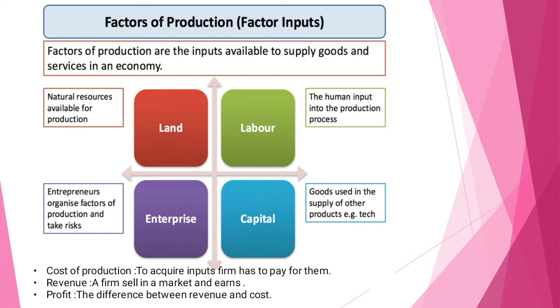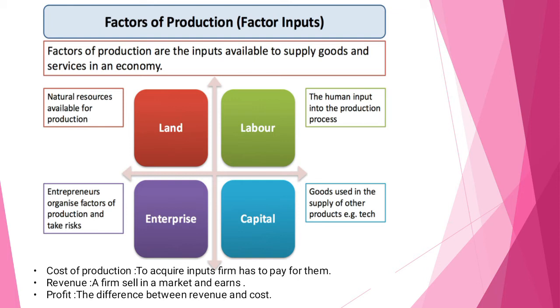These are considered as inputs for the firm to produce the goods. Land, labor, capital, enterprise. These are the 4 factors for any firm or producer to produce the goods, to produce the output.